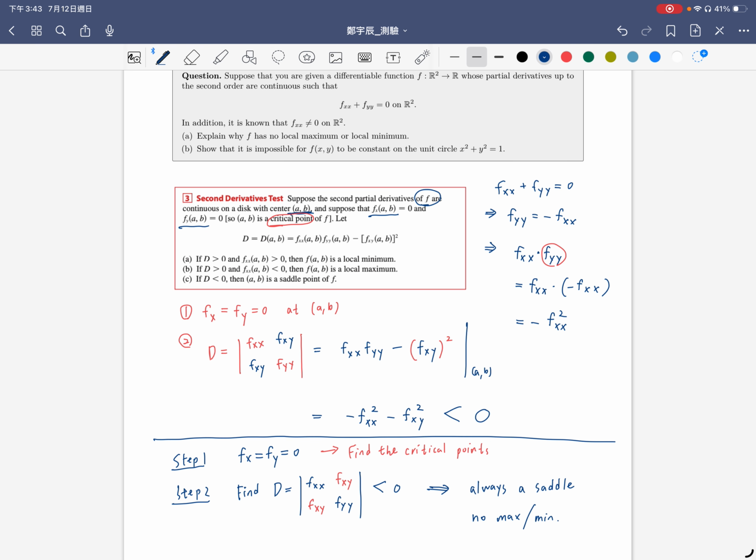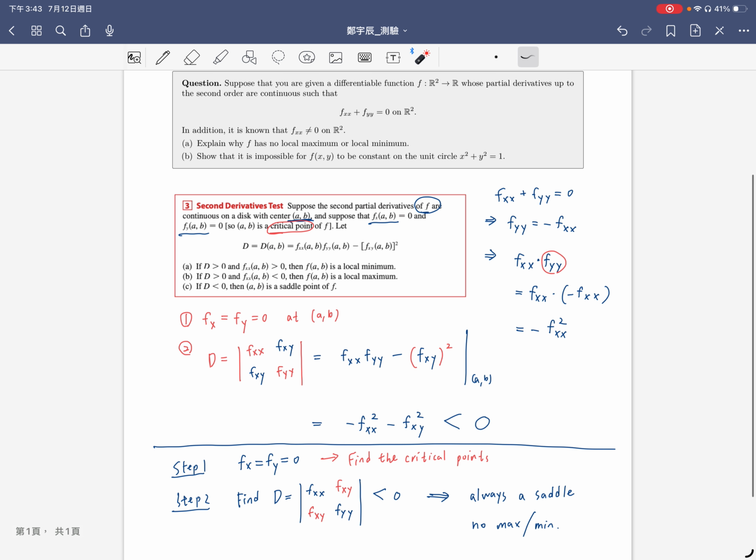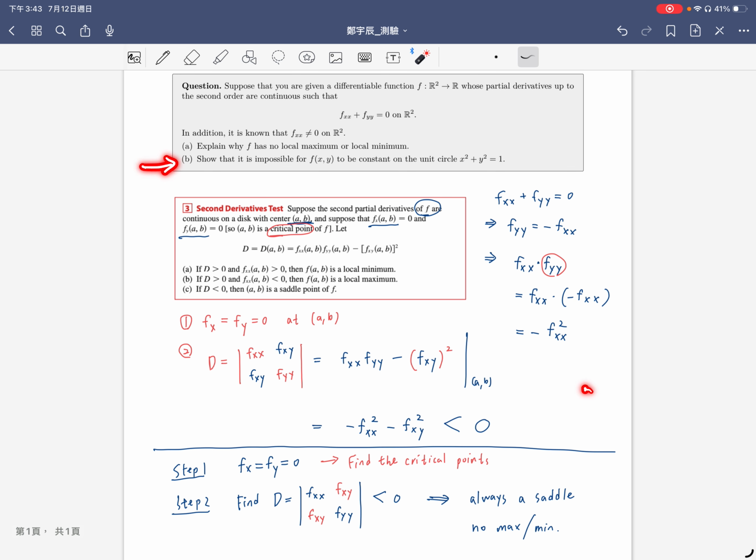And then we get back and we get to let's look at question B. Show that it is impossible for f to be constant on the unit circle x squared plus y squared equals 1.